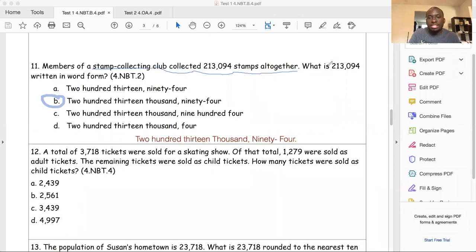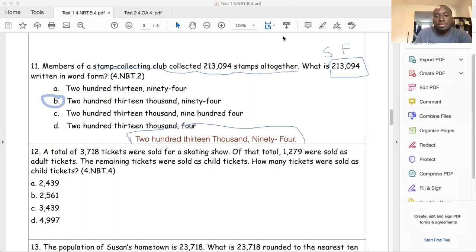I'm gonna put standard form, SF. And they want you in words. They want to see it in words, which is what I did right here. So my answer for number 11 is B.